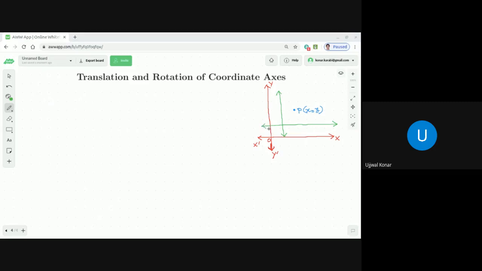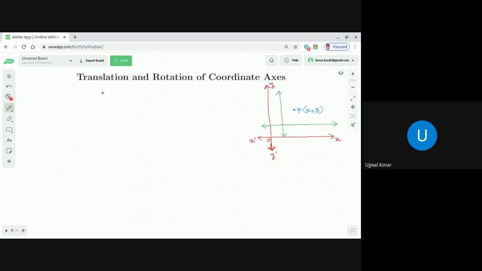That means what? For the sake of simplicity, what we can do is that we can write the original coordinate system as lowercase x, lowercase y. Okay, so let me first write it down and then explain it. So suppose it is x, sorry, let me use a different color. Okay, so this is x o x dash lowercase, and this is y o y dash.